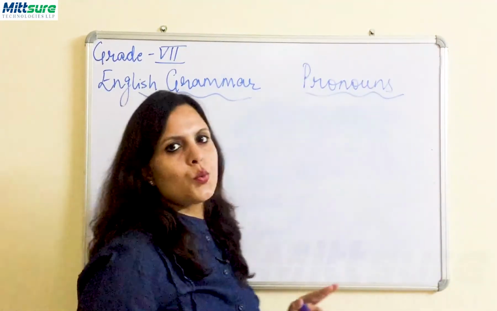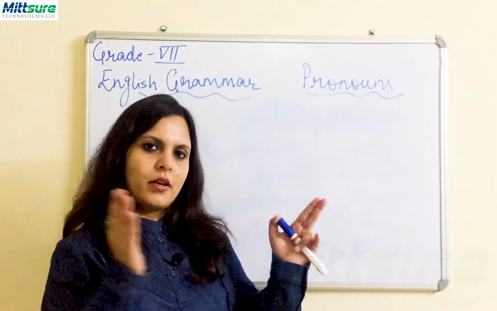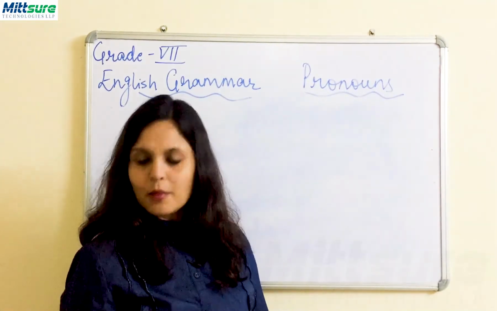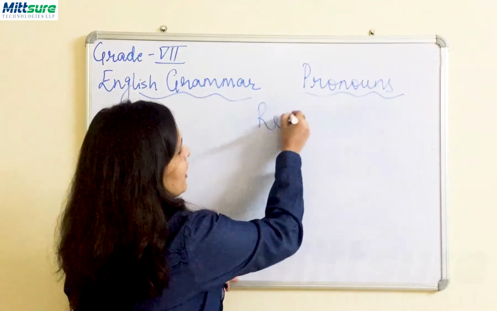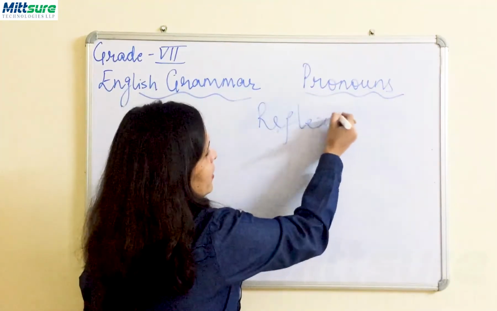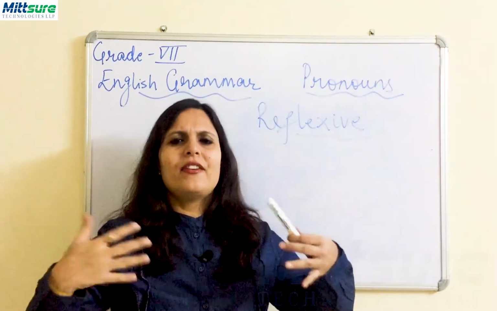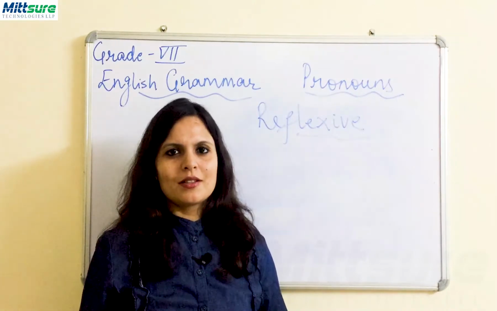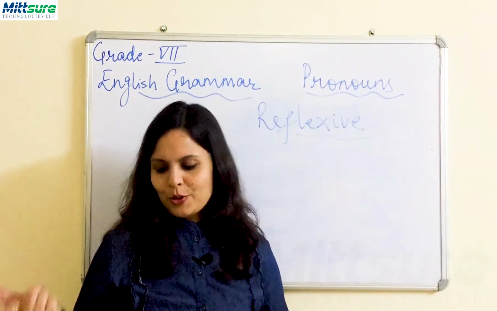So we have understood what personal, demonstrative and interrogative pronouns are all about. Now let's understand the reflexive pronoun. When you hear this word reflexive, what is reflexive? That which reflects, right? So we reflect something about ourselves. Ourselves is a reflexive pronoun.